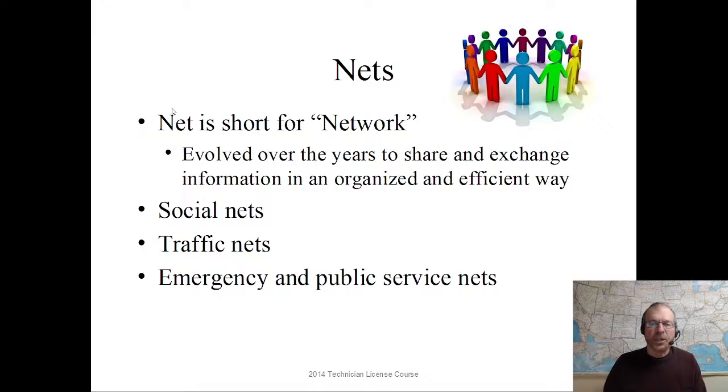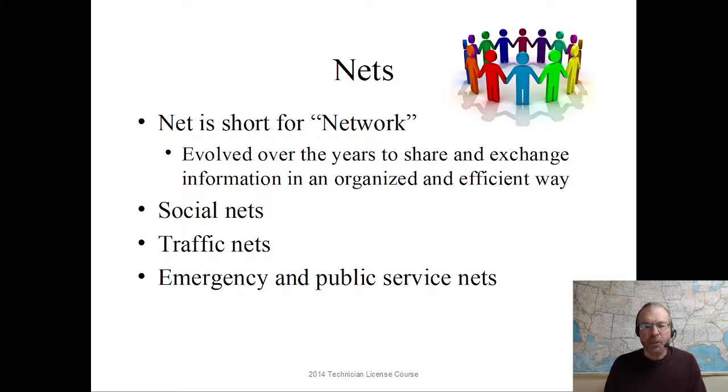Let's start with nets. Last time we did mention nets and how there could be different nets for different types of activities. Let's delve into that just a little bit more. Net is short for network, and this evolved over the years in amateur radio to share and exchange information in an organized and efficient way. There were social nets where you just get together, like maybe people around a table having lunch or coffee.